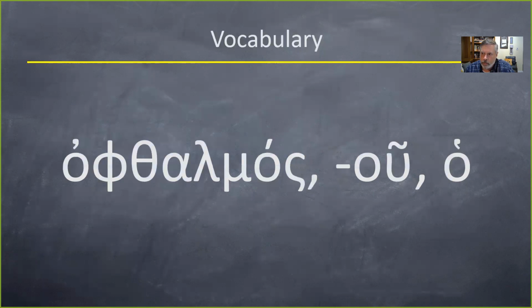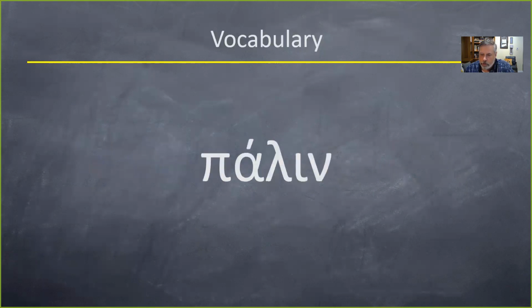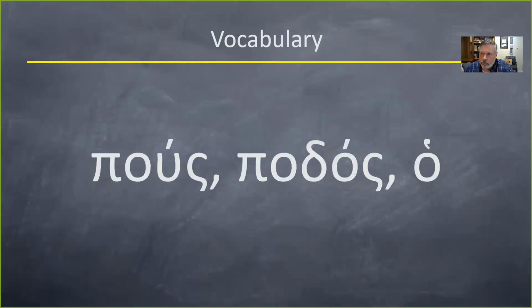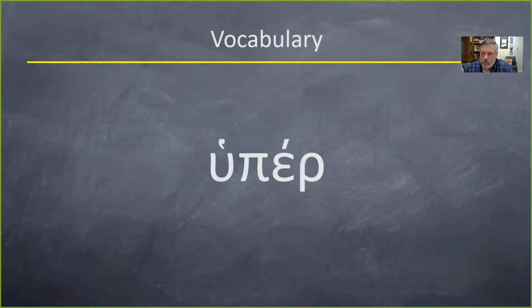Ophthalmos is eye. Ophthalmos, ophthalmou, ho, is the eye or sight. Palin is again. Pous, podos, ho, is foot. And then let's see, huper is in the genitive on behalf of, and in the accusative meaning above.